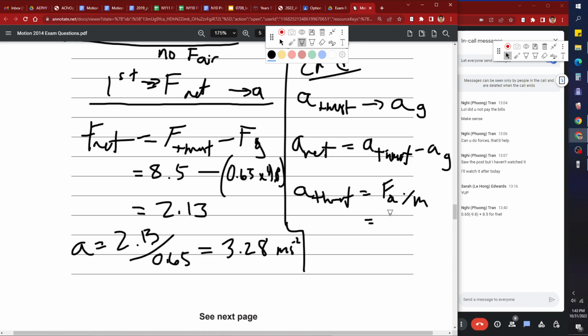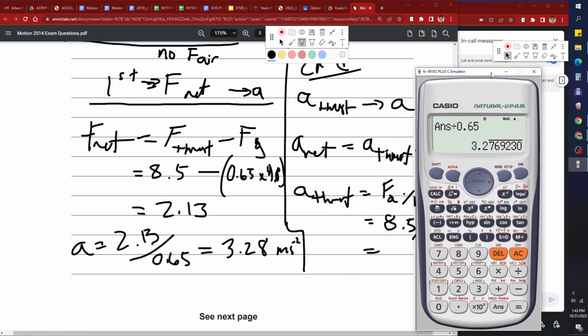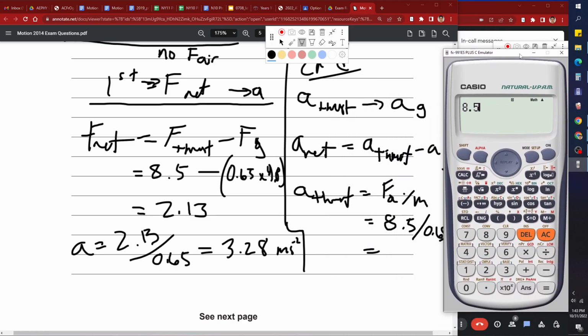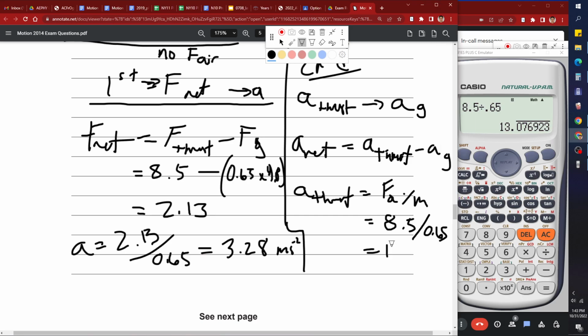So we got 8.5 divided by the 0.65 of the rocket, and what you get is 13.1.